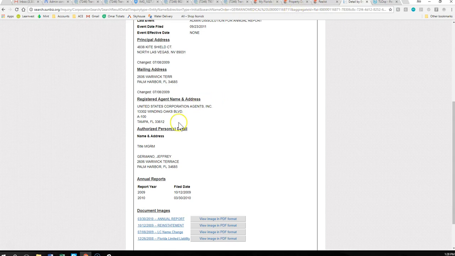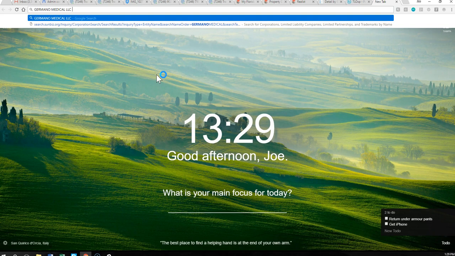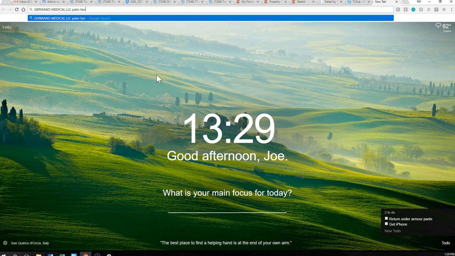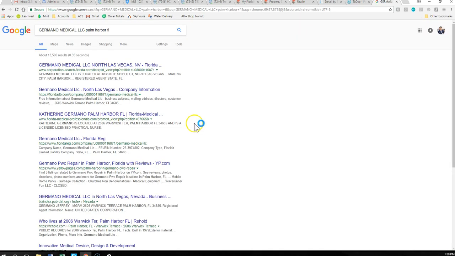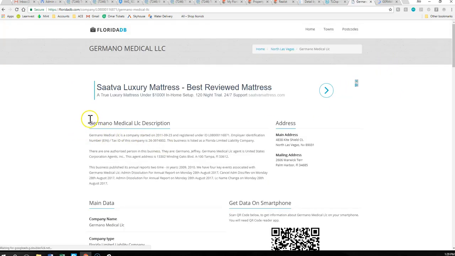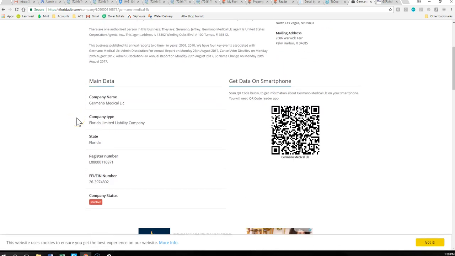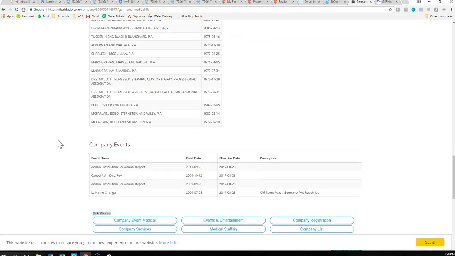The next step we can also do is again look at the LLC name, but Google it. And then you can put Florida. Really, I would put the whole thing. So Palm Harbor, Florida. Okay, so we got them here, but there's no phone number.